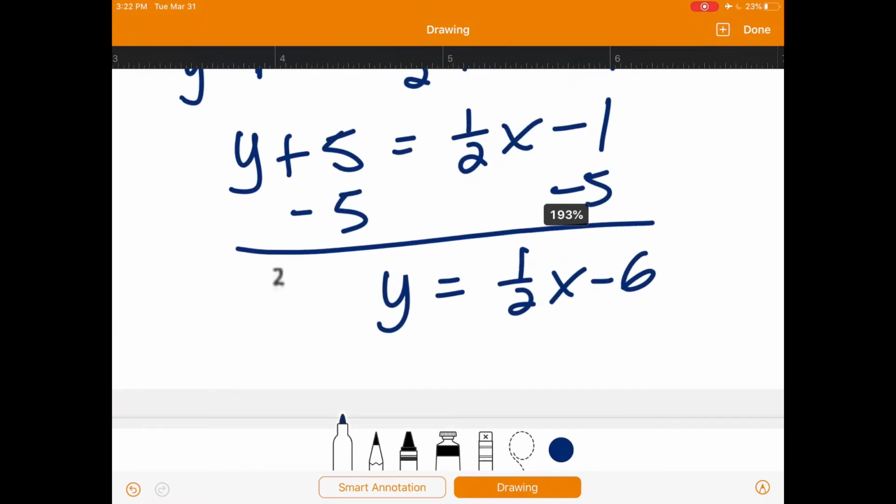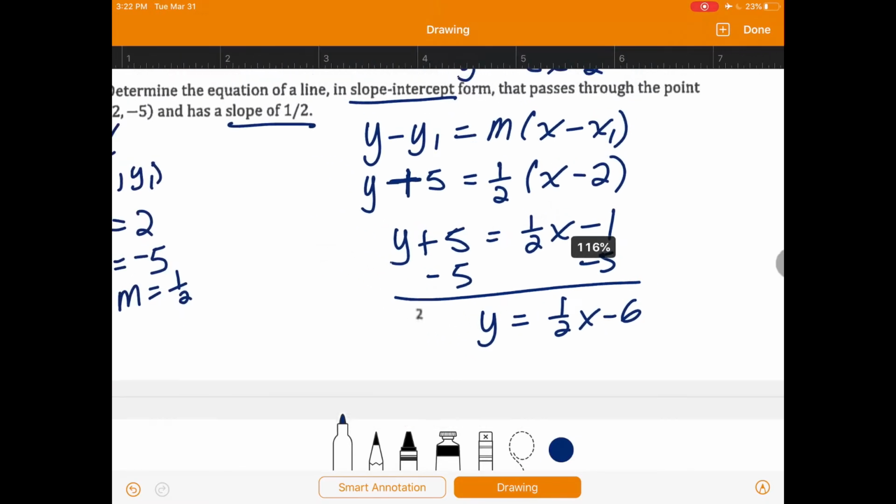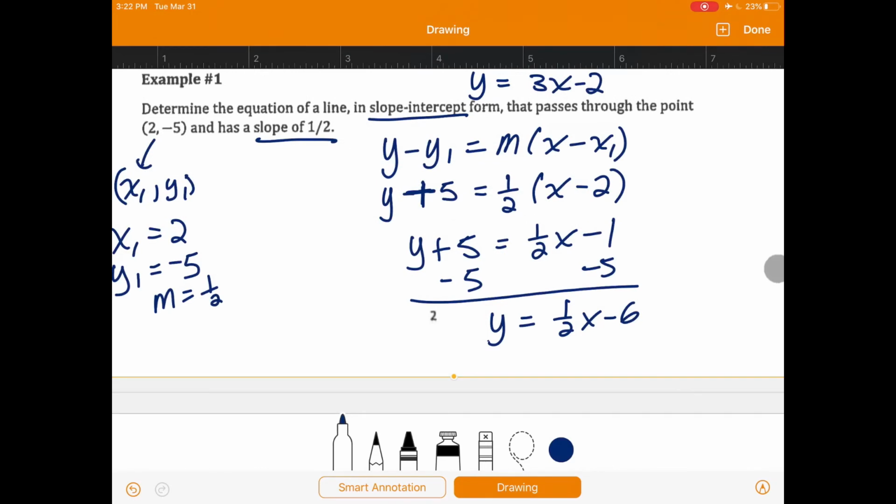And then this is what our final answer is going to be. And if you want to check your work, you can go in your calculator, go into y equals and type this in, and look at your table after that, and you're going to see that this point is going to be on your table, and the slope is going to be 1/2. So if you were to graph this out, it would be rise 1 over 2.